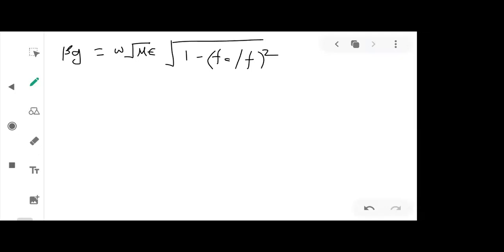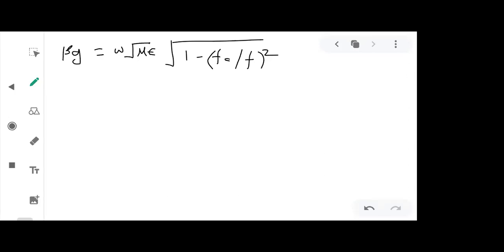Now here there is omega root of mu epsilon. This is the basic formula for beta from EM theory, but that is applicable only for TEM mode, not for TE mode or TM mode. So to make it applicable, some modification is done as per the boundary condition offered by the waveguide. The additional term is root of 1 minus fc by f the whole square.